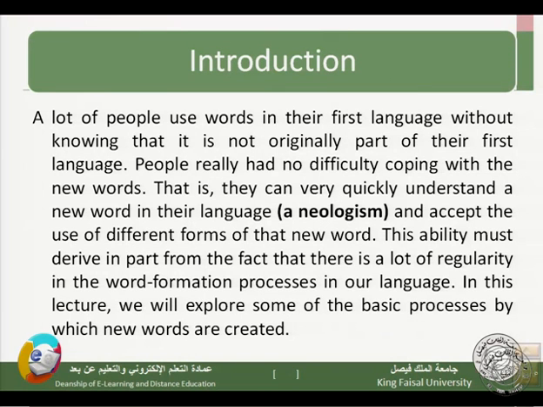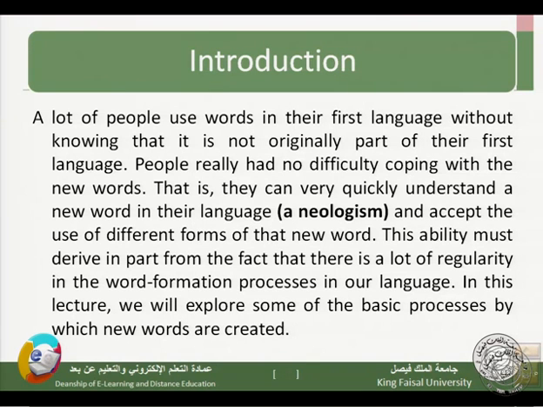They understand a new word in their language and accept the use of different forms of that new word. This ability must derive in part from the fact that there is a lot of regularity in the word formation processes in our language. So how does it come that we accept new words and start using them in different situations?